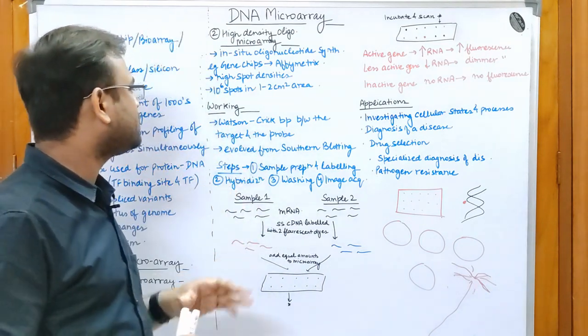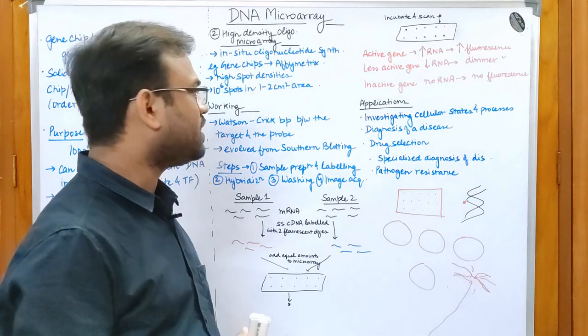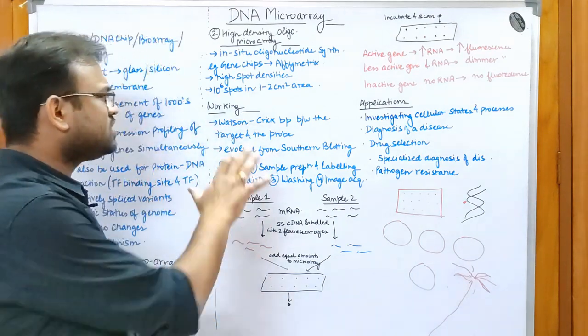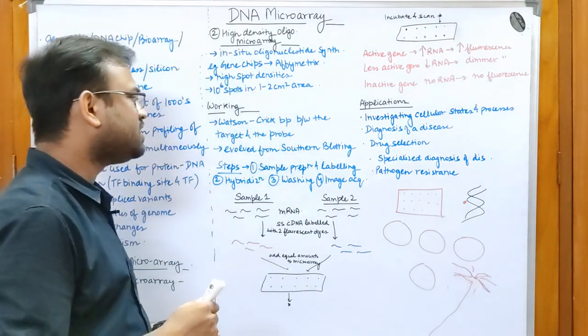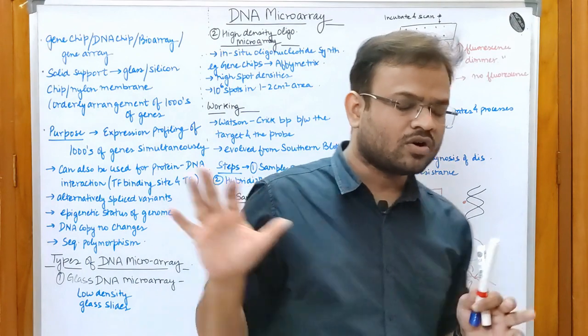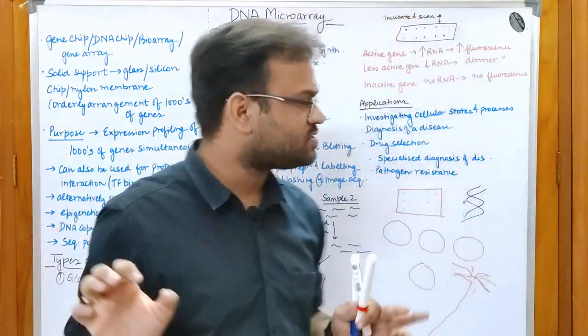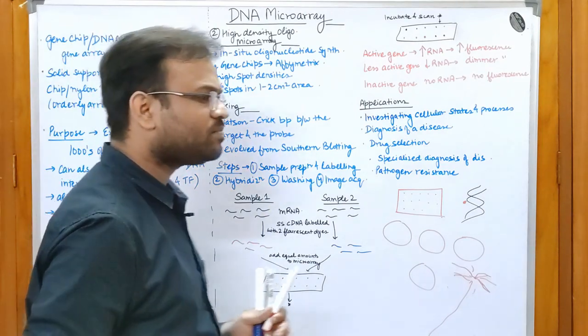Now let us talk about the working. How does this microarray function? The basic principle over here is Watson and Crick base pairing. The principle on which this DNA microarray functions is Watson and Crick base pairing between the target and the probe.